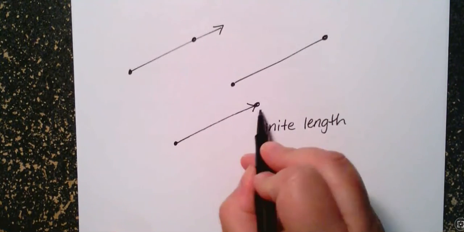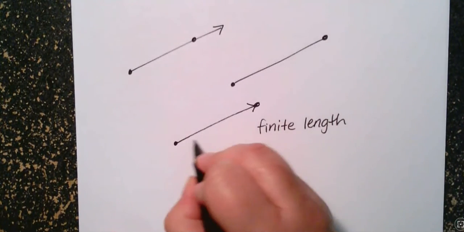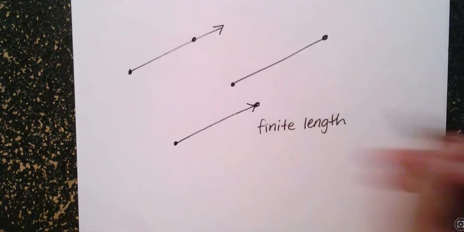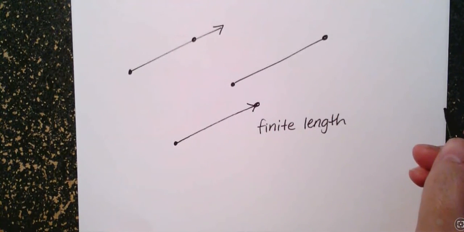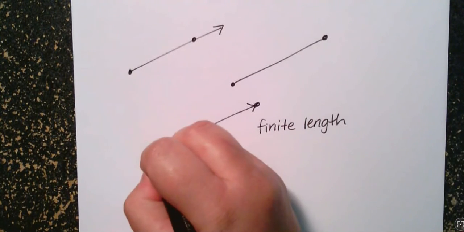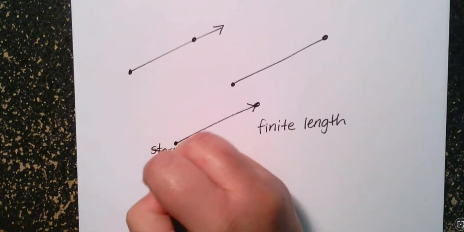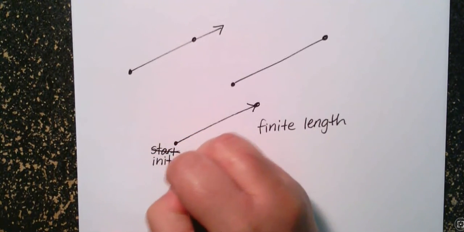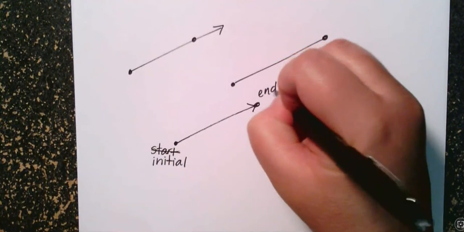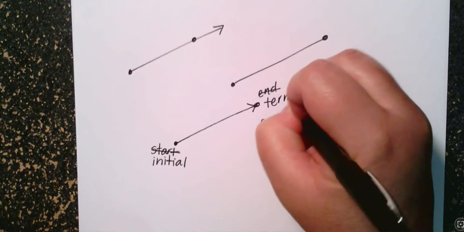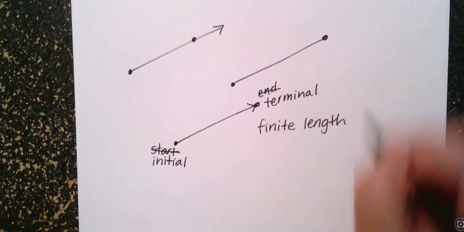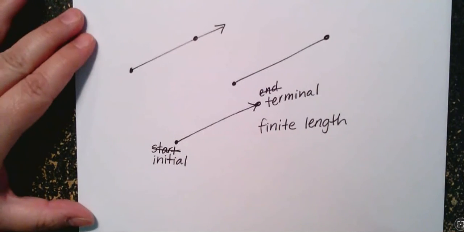So the finite length represents something, and then it also has direction. We know which direction the wind is blowing or which direction you are pushing a force or something like that. So it always has a starting point, which we call the initial point, and it has an ending point, which we call the terminal point.